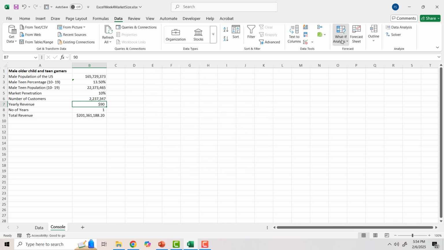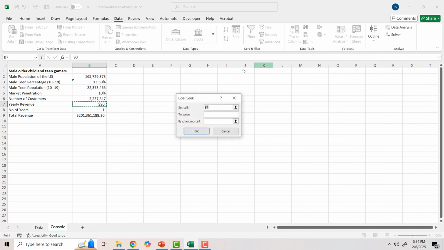And the second type of what if analysis or sensitivity analysis we can do is goal seek. So imagine that we want to decide, what sort of market penetration do we need? We've been told by our boss we need to get overall revenue of $250 million. And we work out what penetration.